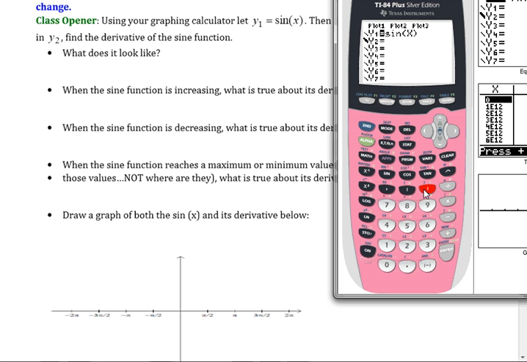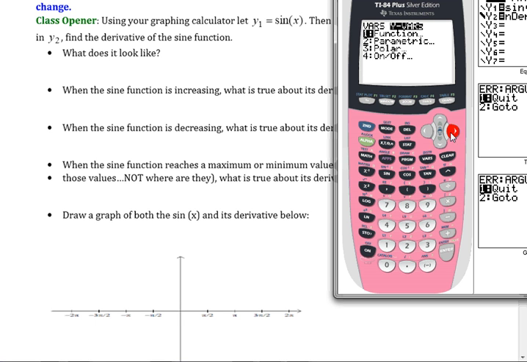Okay, and then how do I get the derivative? Do you remember? N derive on that, under Math, 8. And then I want to get y1 in there. Since most of us have the old calculators, we'll do Vars, it's a Y variable, and Function, y1.